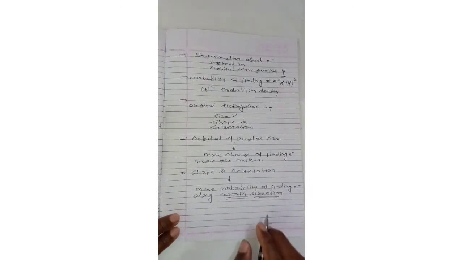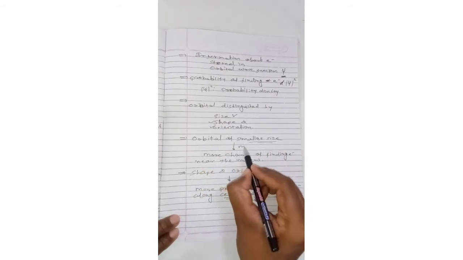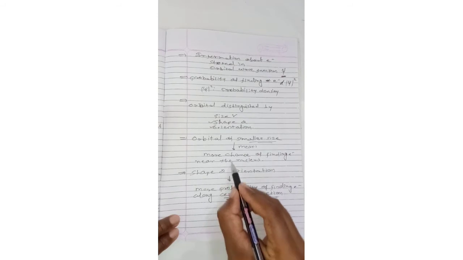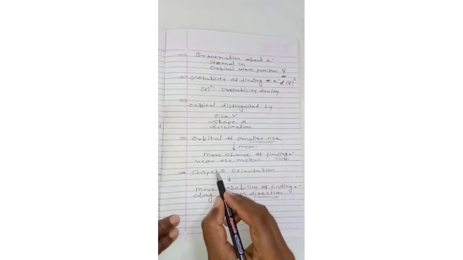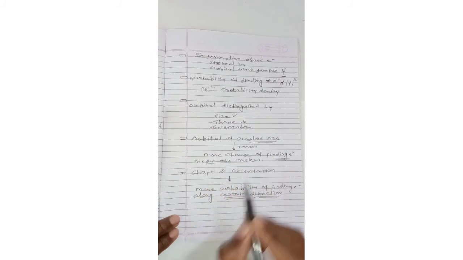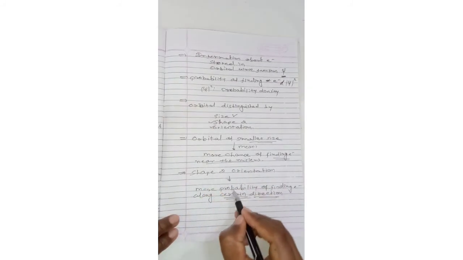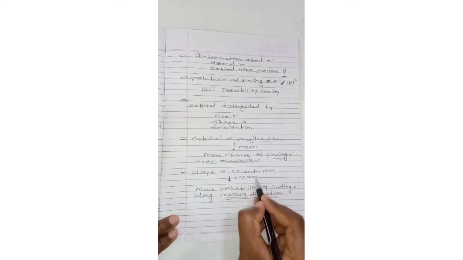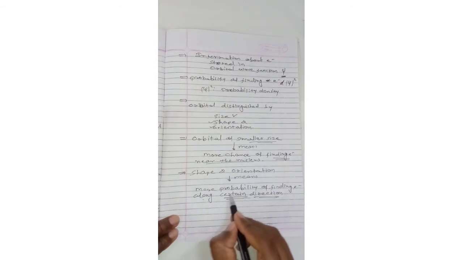This is very important. Here, an orbital of smaller size means more chance of finding an electron near the nucleus. Shape and orientation mean more probability of finding an electron along certain directions.